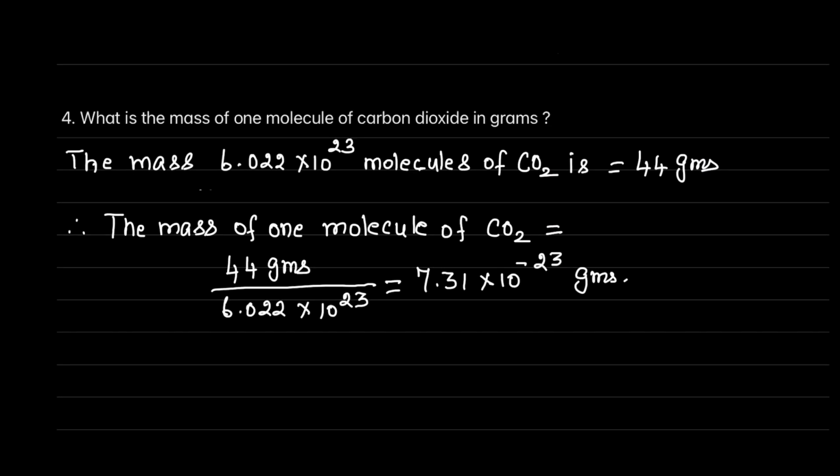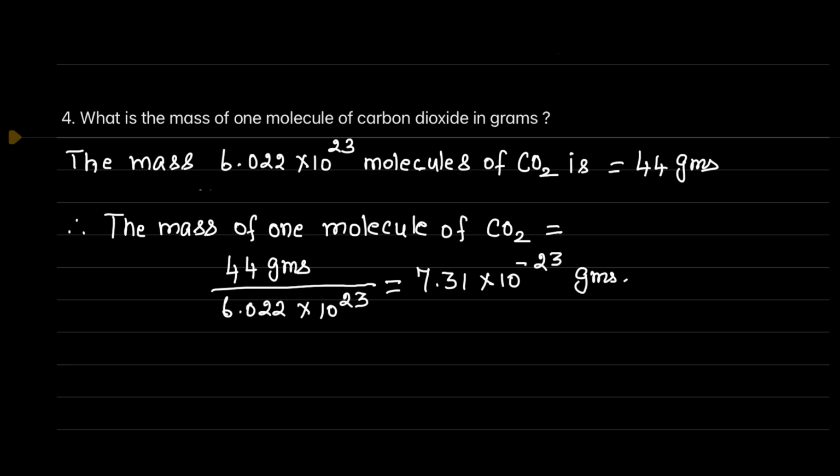Question number 4. What is the mass of one molecule of carbon dioxide in grams? The given substance is carbon dioxide. The mass of 1 Avogadro's number of molecules, that is 6.022 into 10 raised to the power of 23, is 1 gram mole, which is 44 grams in this problem.